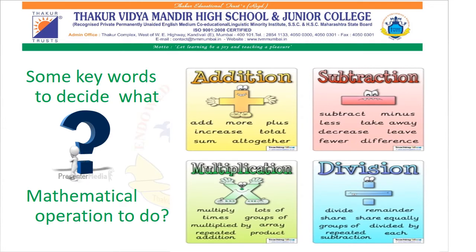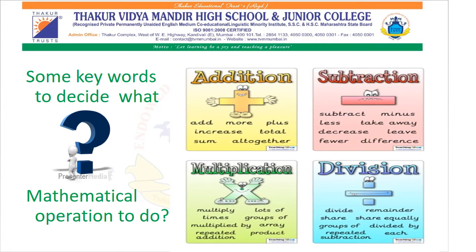If there are keywords for addition like add, more, plus, increase, total, sum, all together, then we need to do addition. For subtraction, there may be words like subtract, minus, less, take away, decrease, leave, fewer, difference.